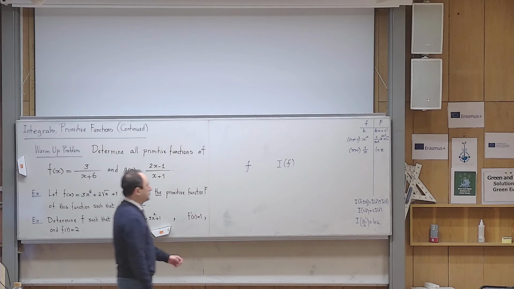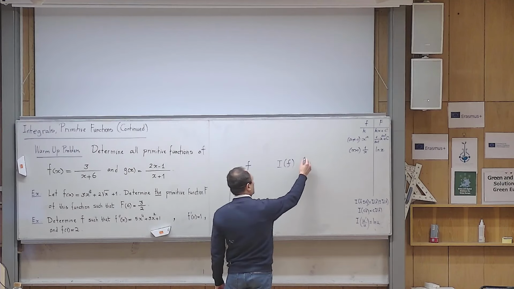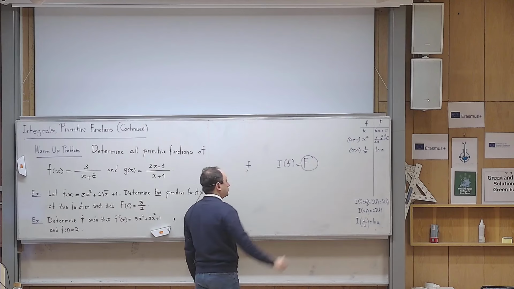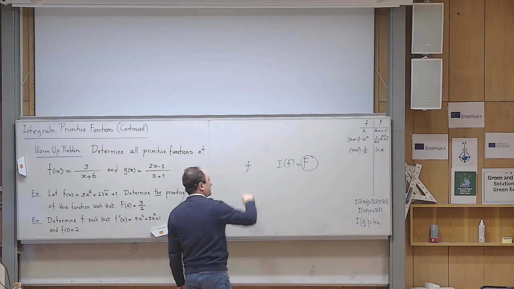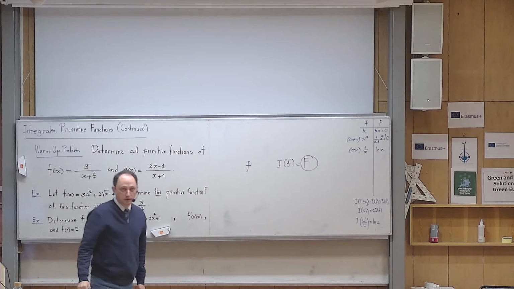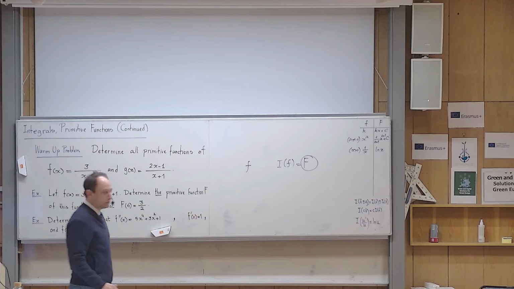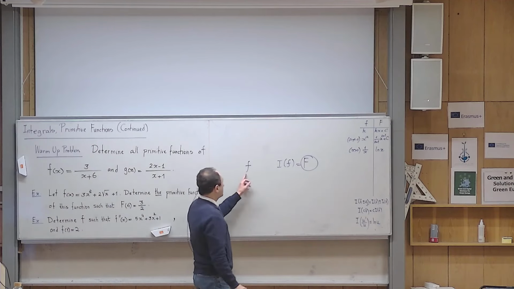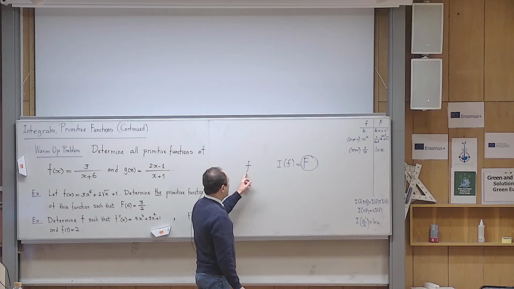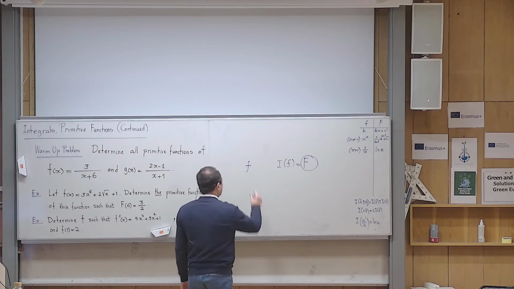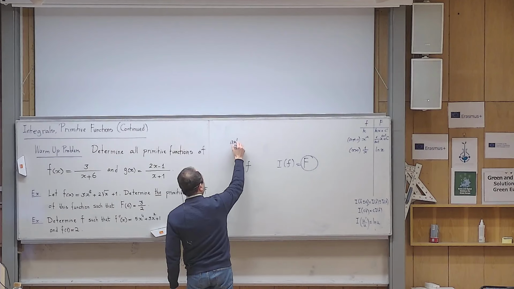Usually a primitive function of little f is denoted by capital F. So what is the meaning of capital F when I say F is a primitive function for this f? It means that capital F prime is equal to little f. By the way, another name for primitive function is antiderivative.